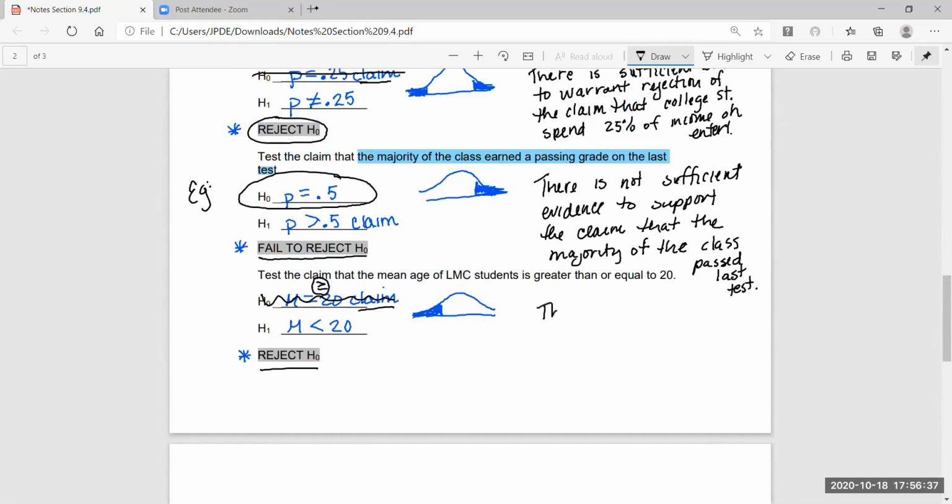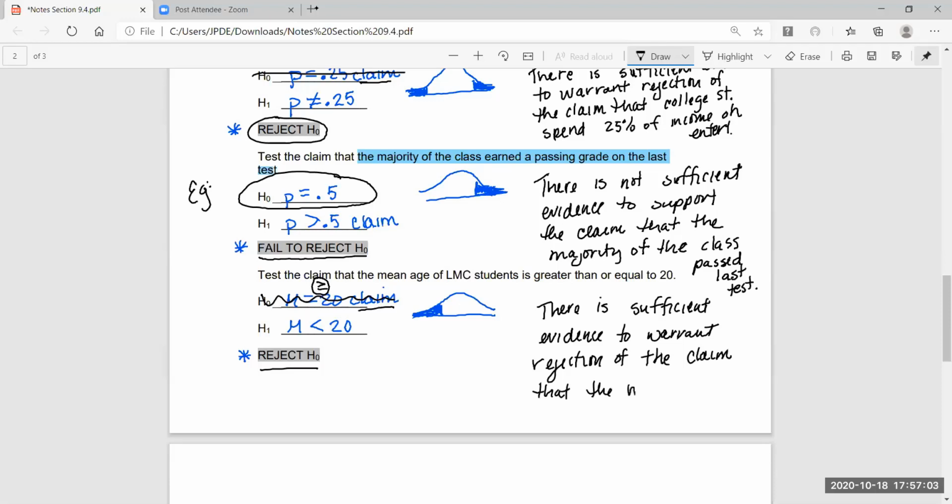So we're going to say there is sufficient evidence to warrant rejection of the claim. Excuse me. And what's the claim? That the mean age is greater than or equal to 20.